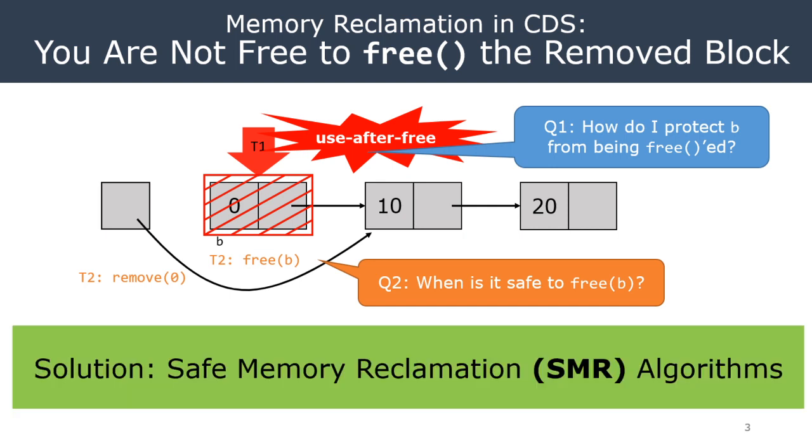Okay, so the answers to such questions, Q1 and Q2, how to protect the blocks and how to safely free the block, are usually called the safe memory reclamation algorithms.